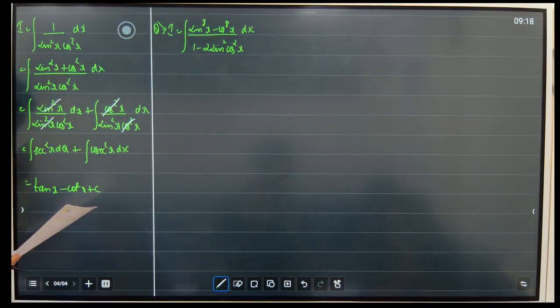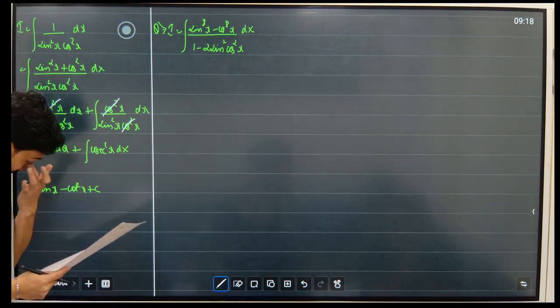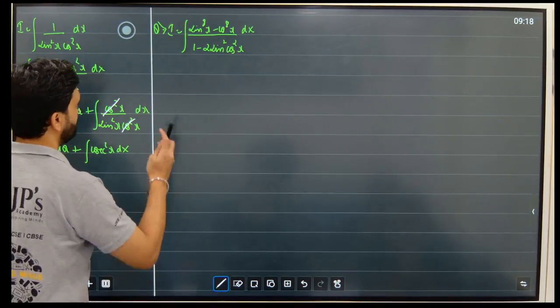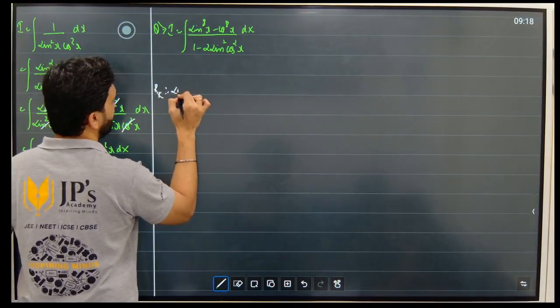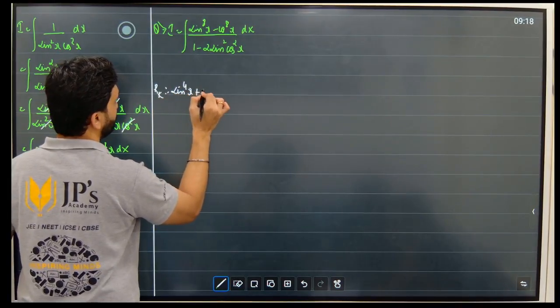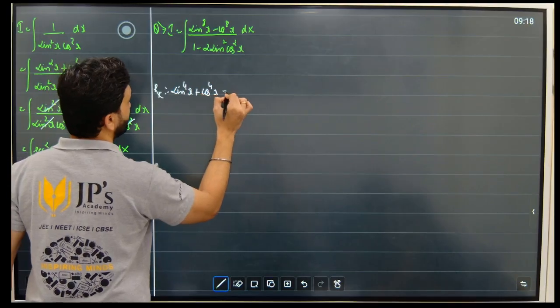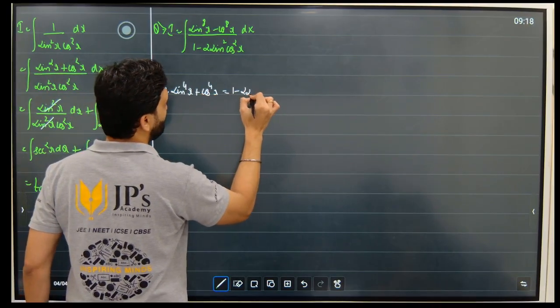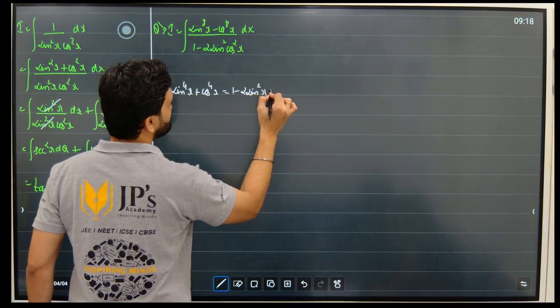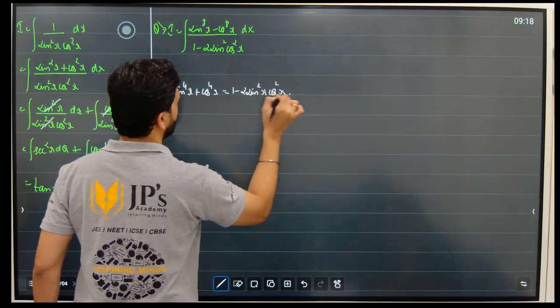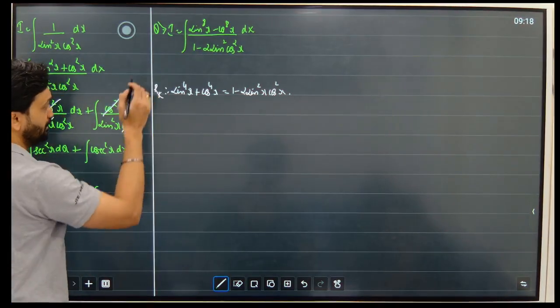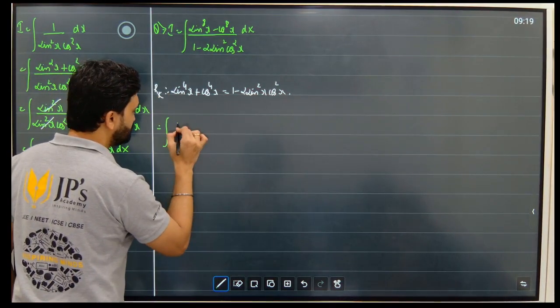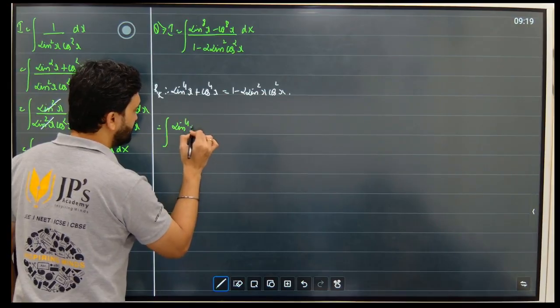Now, we know that there is a result that sin raised to 4x plus cos raised to 4x is equal to 1 minus 2 sin square x cos square x. If you solve this, you will get 1 minus 2 sin square x cos square x. And in the numerator, I have the luxury of writing it as sine raised to 4x.